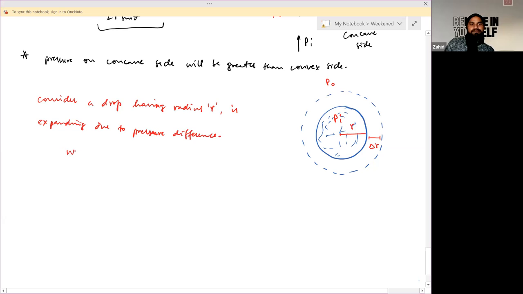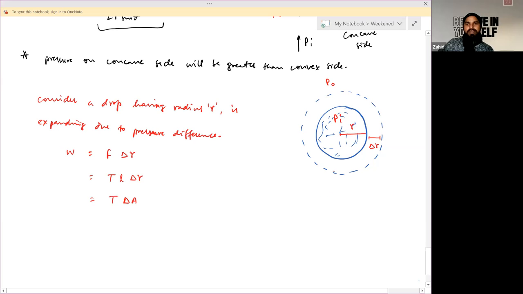So work done equals force times displacement. I have taken force in terms of surface tension in the first case. So it will be T L times delta r, so it will be T times delta A.